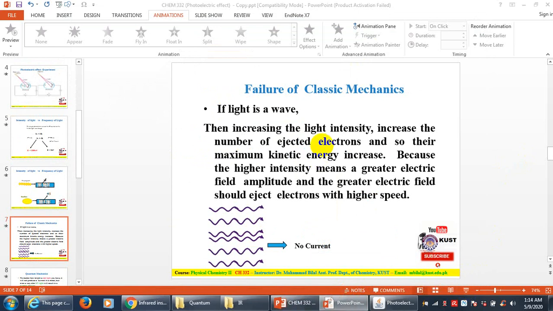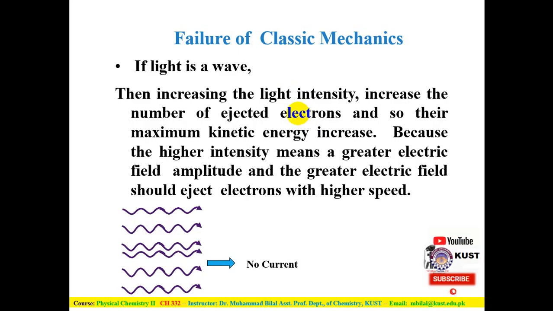According to classical mechanics, light will behave like a wave. So if we increase the wave intensity, the number of ejected electrons should increase, because higher intensity means greater electric field amplitude.